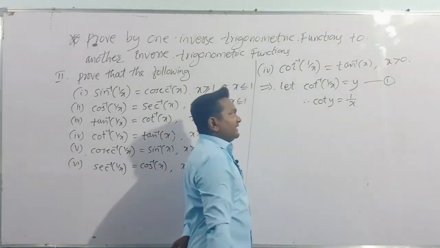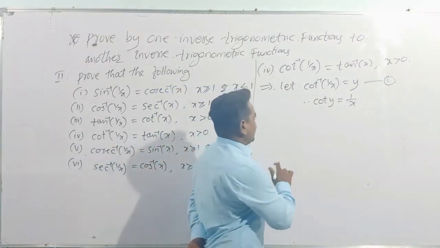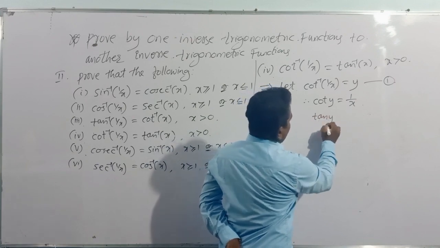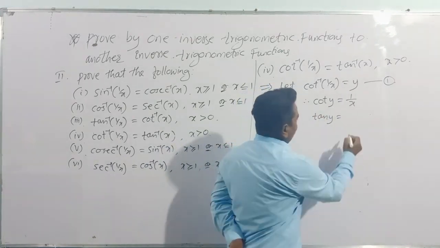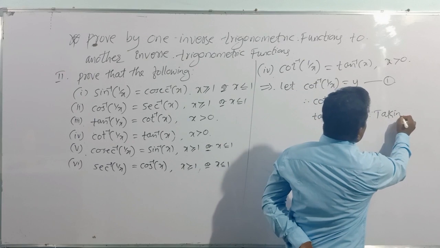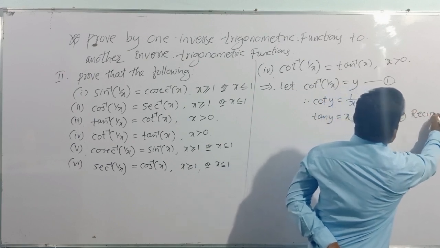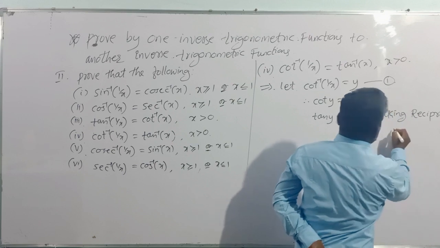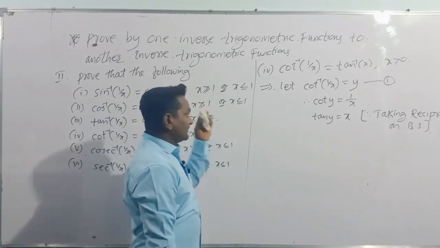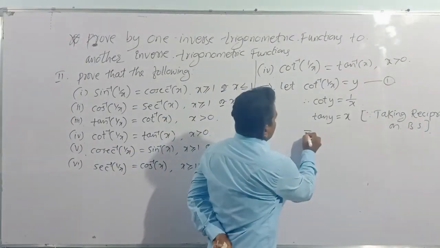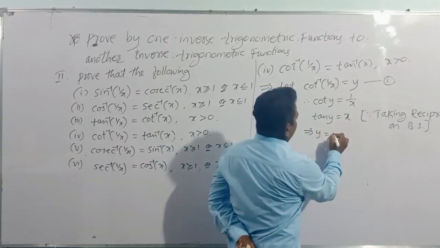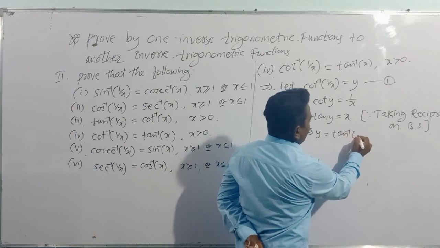Again taking reciprocals on both sides. So reciprocal of cot y is what? Tan y. And reciprocal of 1 by x is x. Here we are taking reciprocals on both sides. Now this implies y equal to, this trigonometric function move right hand side, it becomes inverse trigonometric function, that is tan inverse x.